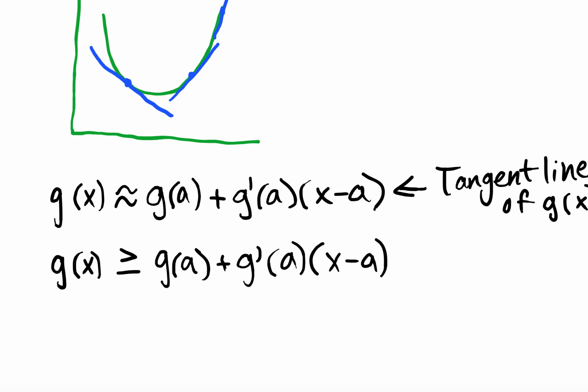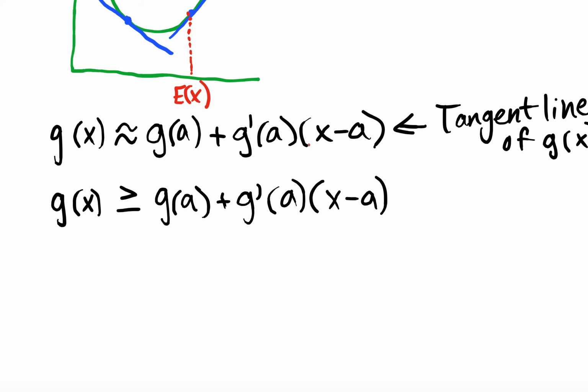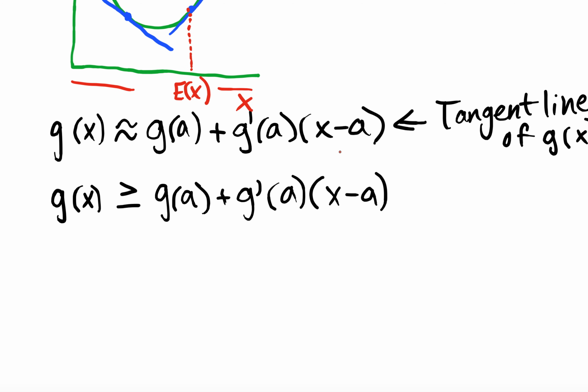Now, if we let a be the expected value of x, which is just a constant, that's just a number, so that's fine, and this is the x-axis here, so the expected value of x should be in our support of x.